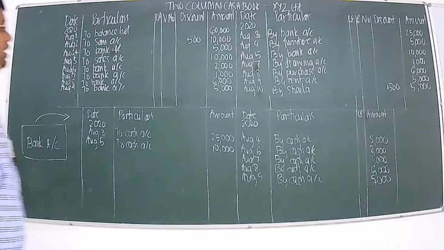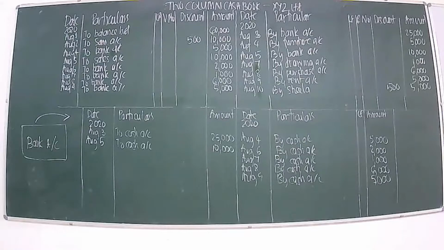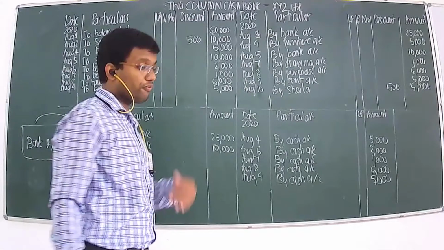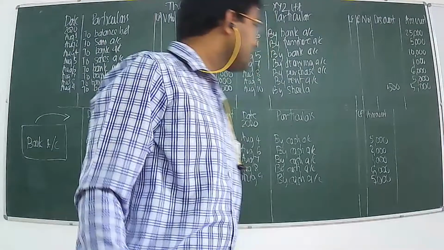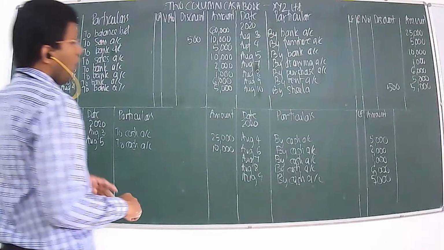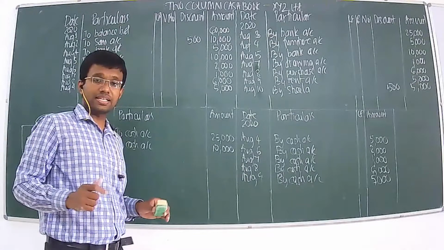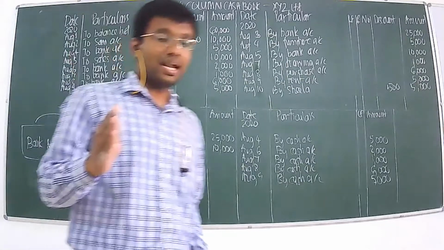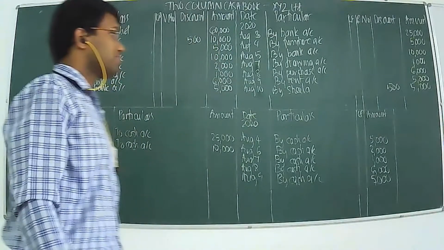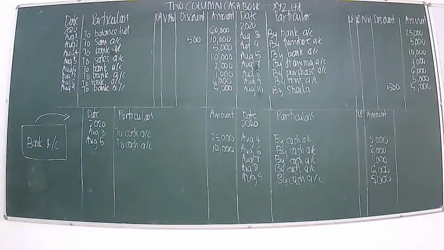Okay, so the transaction on 11th tells us that paid in excess of rupees 2,000 into bank. What does this mean? So on 11th of August, you're expected to find out what is your cash balance.